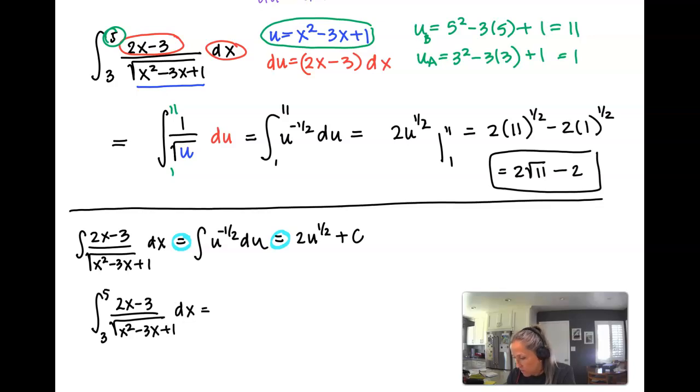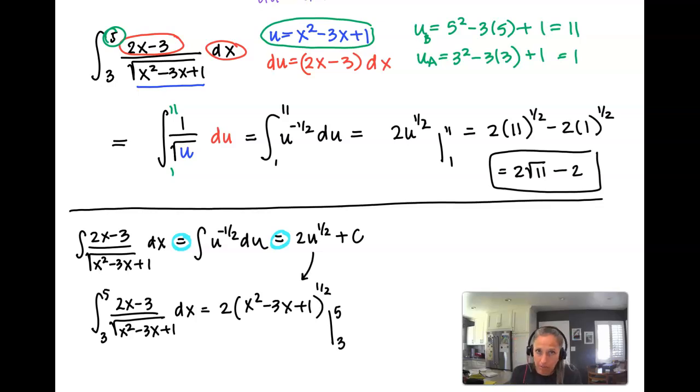And this is going to be equal to 2, what was my u? x squared minus 3x plus 1 to the 1/2, right? I'm just rewriting this, but with my u plugged in. And now I'm going to evaluate that from 3 to 5.